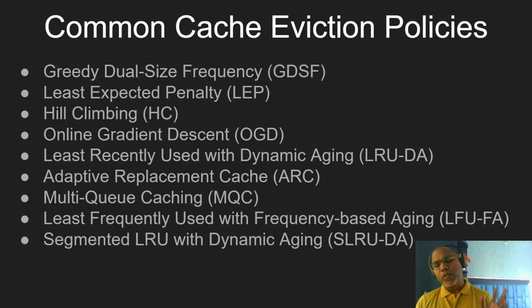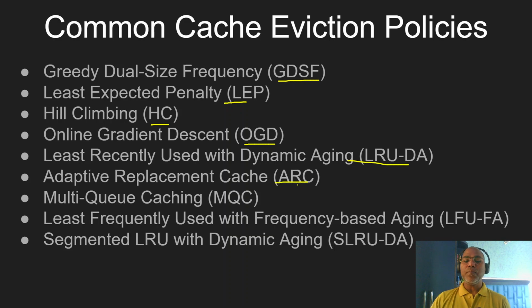So there are lots of policies. I'm not going to talk about everything, but you can explore a couple of policies as well, like GDSF, LRU-K, LFRU, multiple policies, adaptive replacement cache, multi queuing cache.